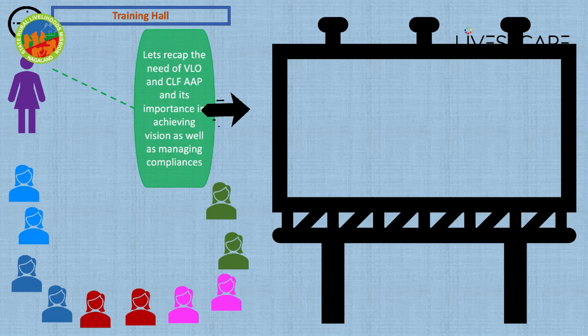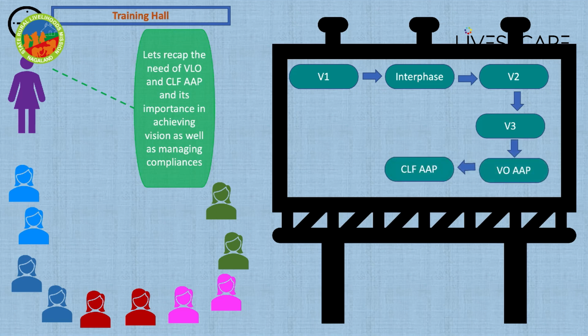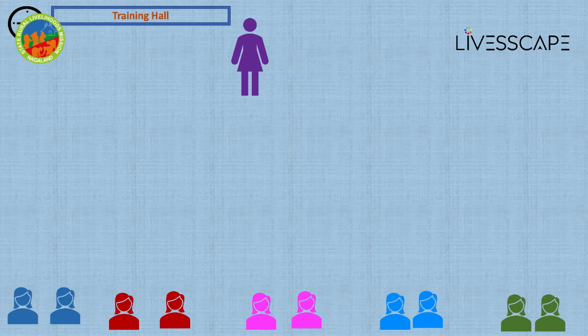Help them understand the whole cycle, which began with the first visioning exercise. Then there was an interface followed by the second visioning exercise, which is known as the V2, followed by the third visioning exercise, which is known as V3. And then there was the village level annual action planning, which would be followed by the CLF annual action planning, which is happening right now.